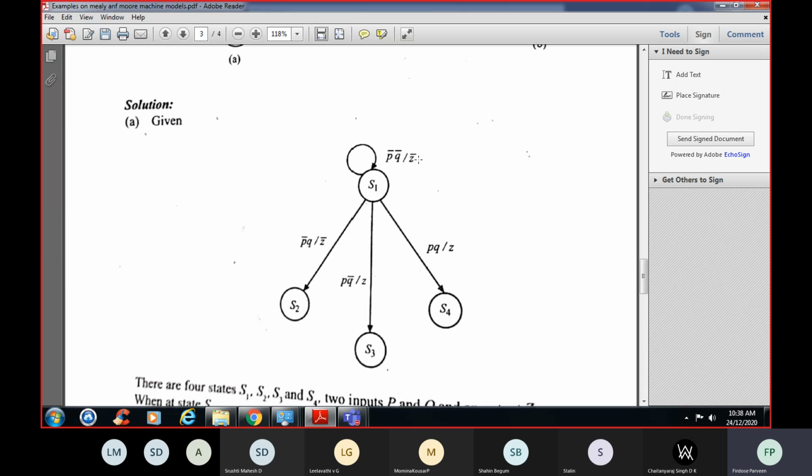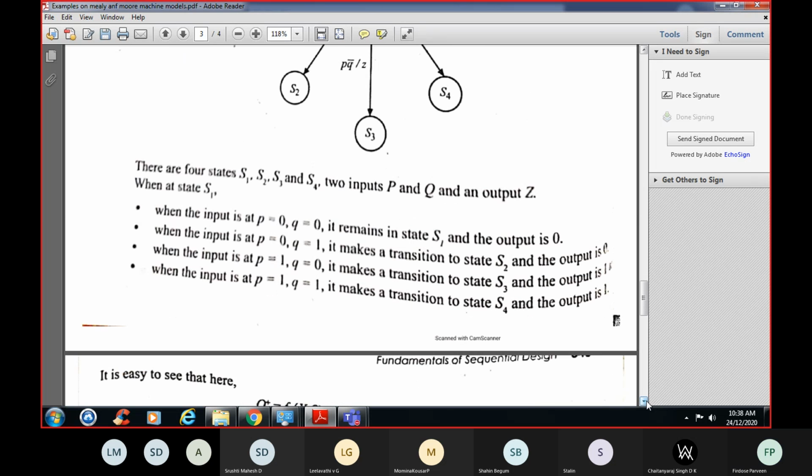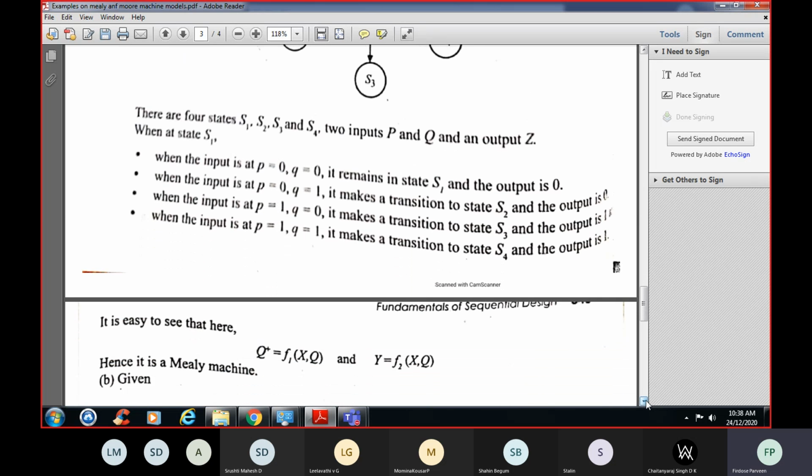The output is represented outside. And the next state Q plus is a function of input as well as the previous state, and the output is a function of input, that is P and Q, as well as a function of the previous state. And hence it is a Mealy machine. It has been given here, you can go through that.